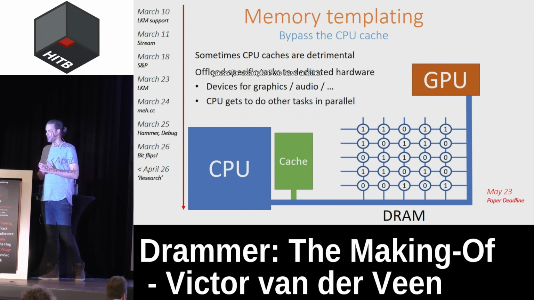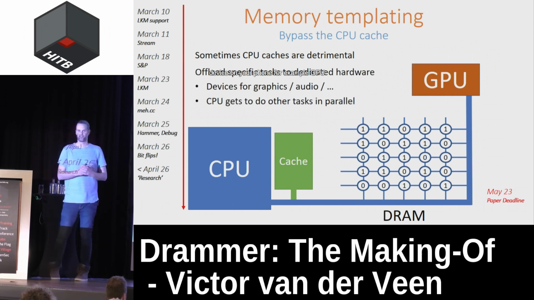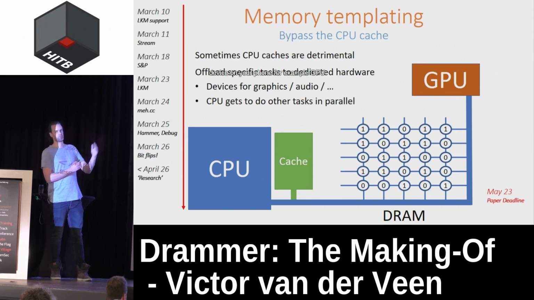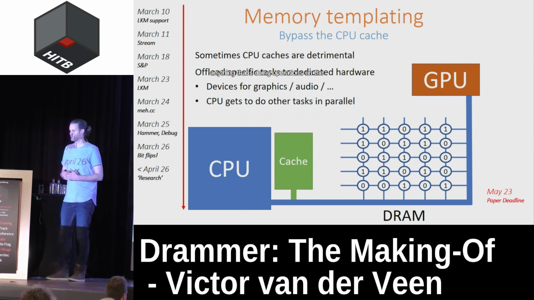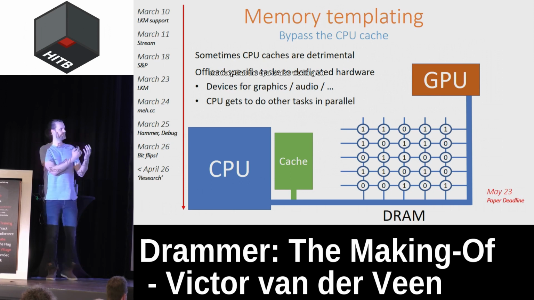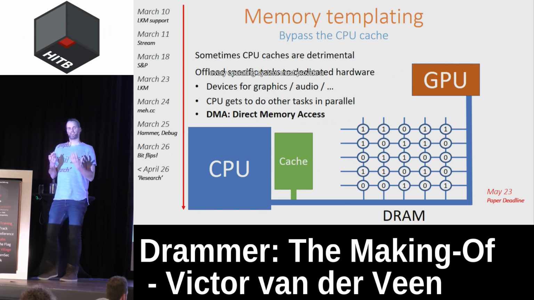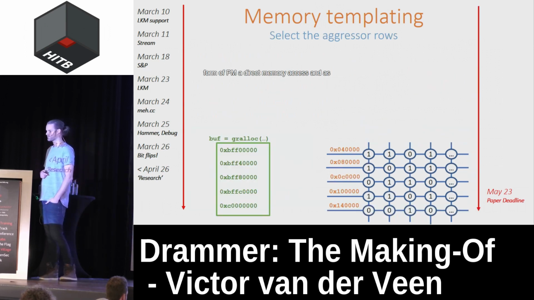For example, if you have another device on your phone, like a GPU or an audio device, anything that's doing operations on the memory that the CPU is also working on. In this scenario, you don't want data to get stored in the CPU cache, because then the CPU will be working on something different, older or newer than what the GPU is seeing. So every operating system must provide a form of DMA, direct memory access.